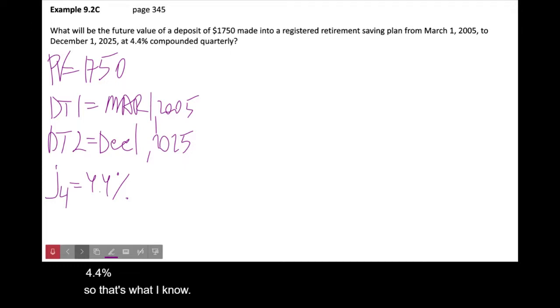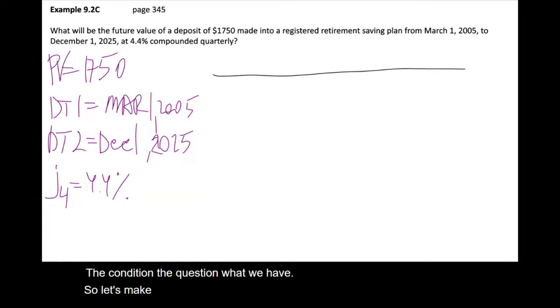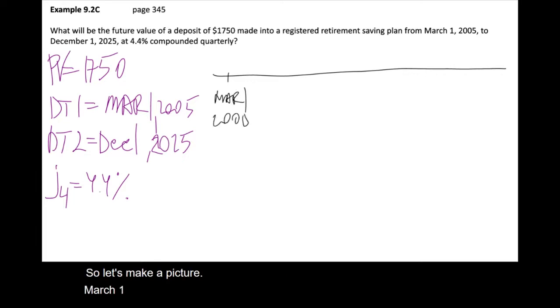So that's what I know. Any questions? Does everyone understand the condition, the question, what we have? So let's make a picture. March 1, 2005.